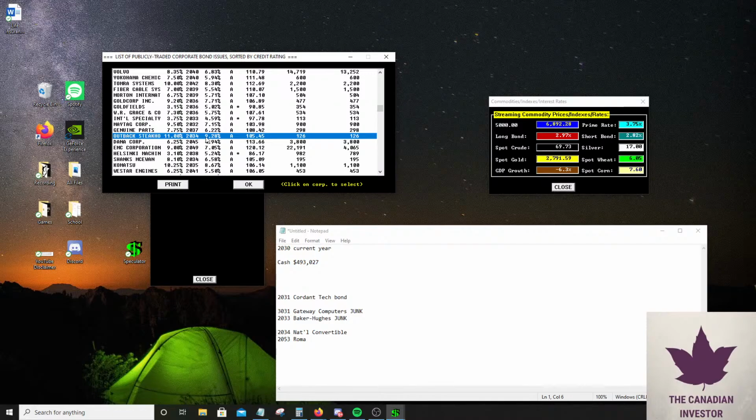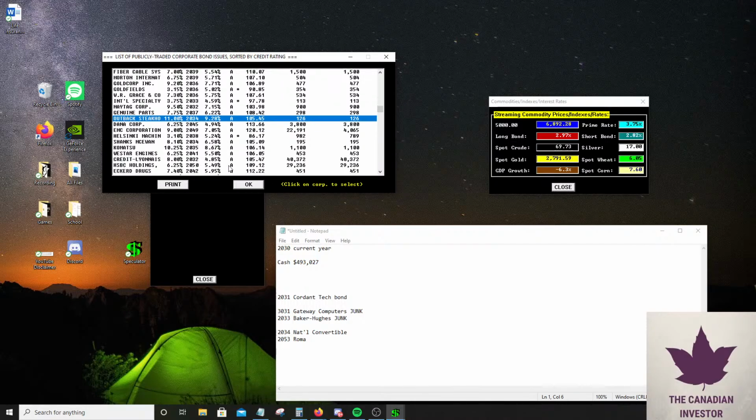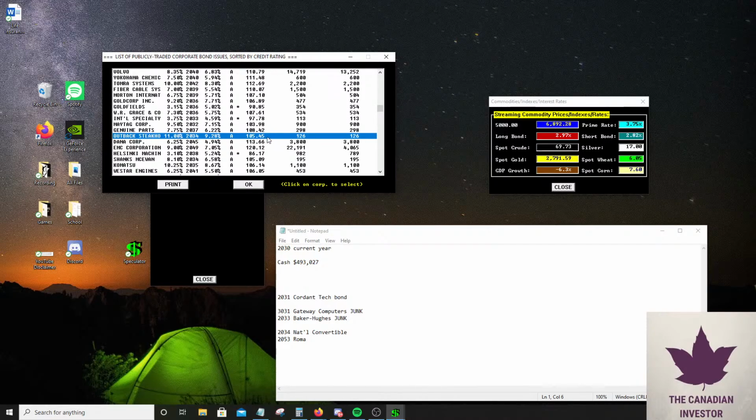So in this case, we'll be receiving almost 10% a year for about 4 years. It will help us with our longer bond. And I did notice that you get a bit of a deduction for overpaying for your bond, which I like too in this game.